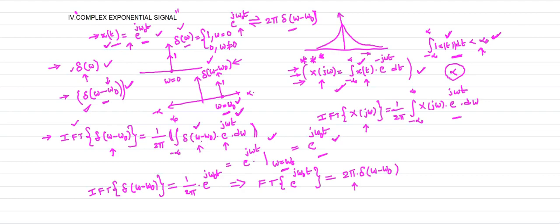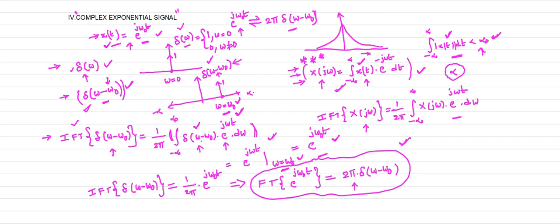Therefore I can get the value of this function only at omega equal to omega naught, because the signal is only defined there. At other places its value is 0. So I get the result of this integration as e power j omega naught t. I just apply the Fourier transform on both sides, so that I get the answer. This is the Fourier transform of e power j omega naught t, which is 2 pi times delta of omega minus omega naught.